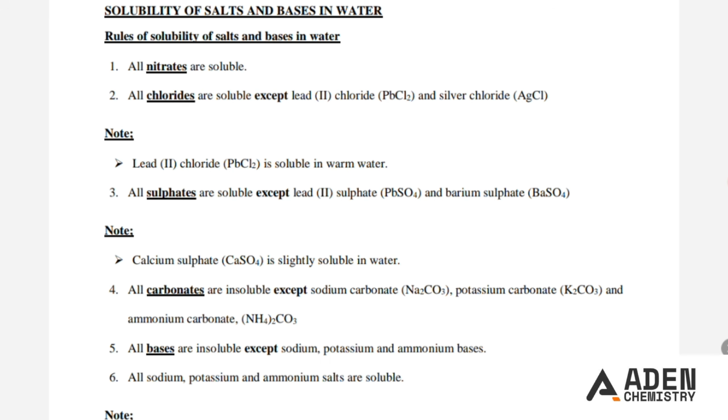For example, sodium oxide or sodium hydroxide, those are bases of sodium, or sodium nitrate, sodium chloride, sodium sulfate, sodium carbonate. All sodium salts and bases are soluble. All potassium salts and bases are also soluble, and all ammonium salts and bases are also soluble.